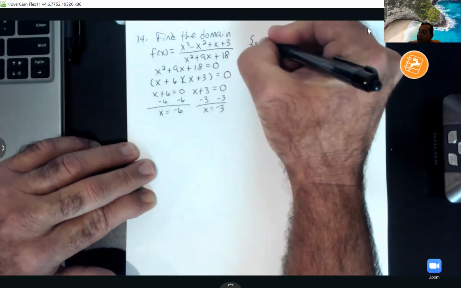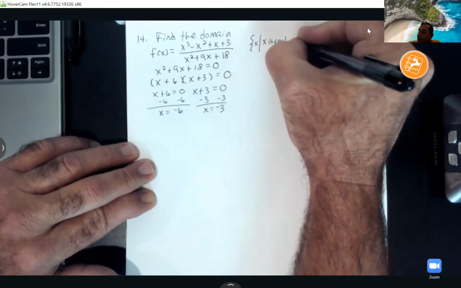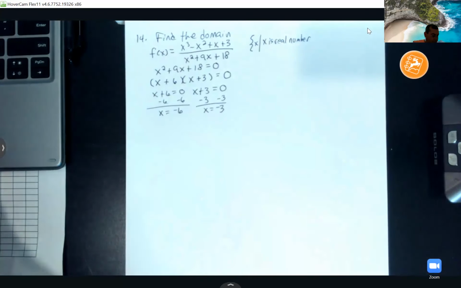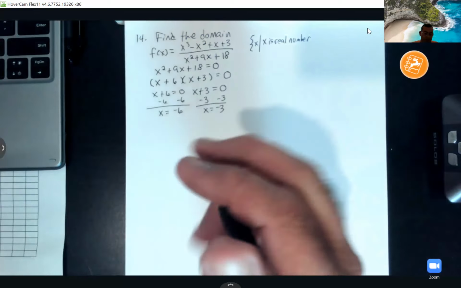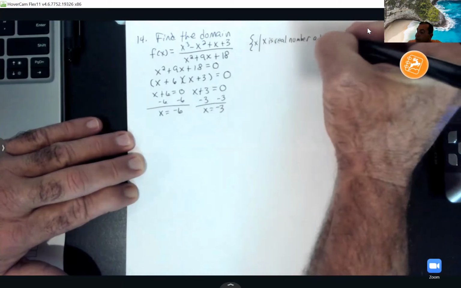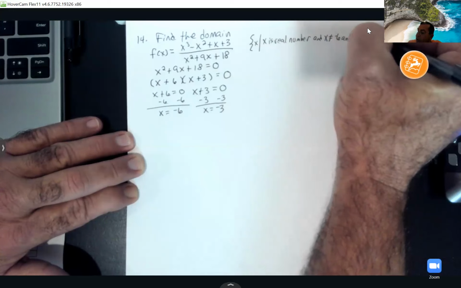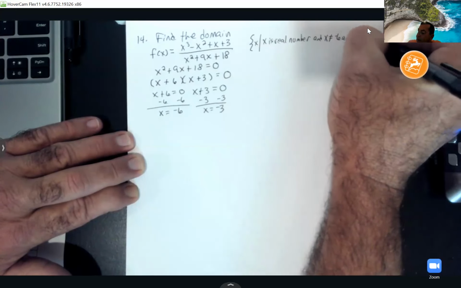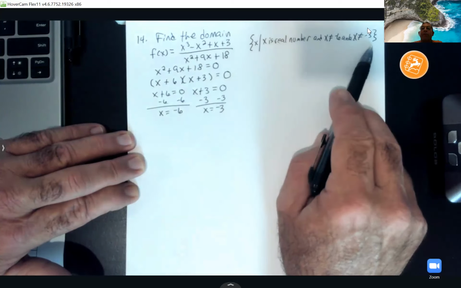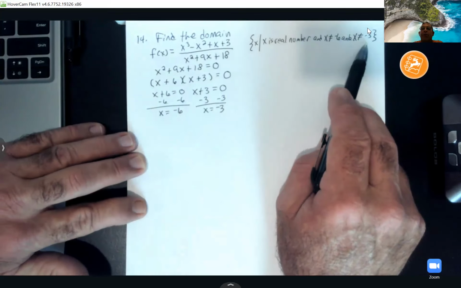So this would be x such that x is a real number, and x cannot equal -6, and x cannot equal -3. So pick the option where they give you the two places to put in both numbers. But remember, have the smaller number first, followed by the larger number.